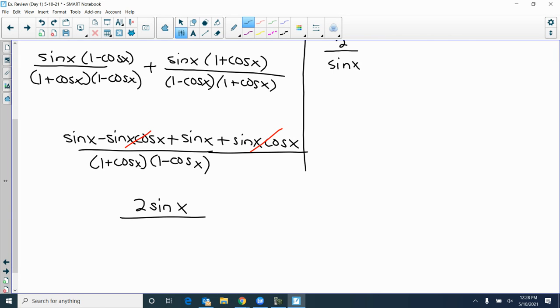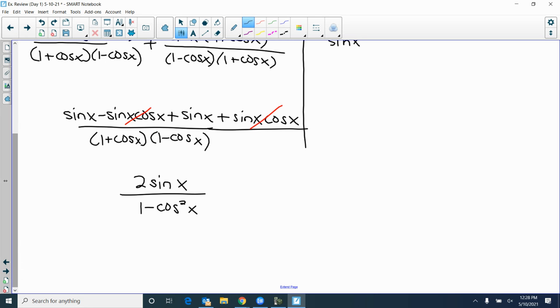Take a look over there on the other side. You've got a 2, so that's helpful, but it's 2 over sine of x. Can't leave this 1 plus. You don't see any cosines over there. First thing you should do is multiply those together. If I FOIL those two together, I'm going to get 1 minus cosine squared of x. What does 1 minus cosine squared of x equal?